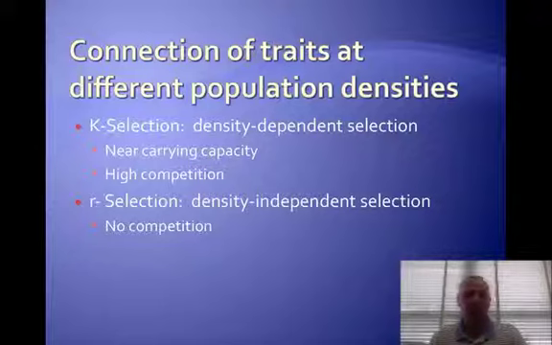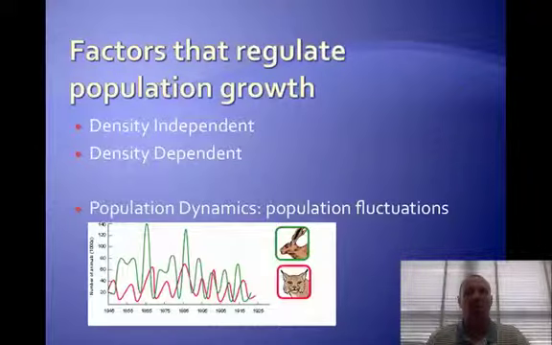Now, these two have actually sparked people to do further research and to start looking into other factors that regulate population growth, such as density independent and density dependent factors. Now, a density independent factor means it's going to affect every population the same, no matter the size, no matter if it's New York or a tiny little town like we have.